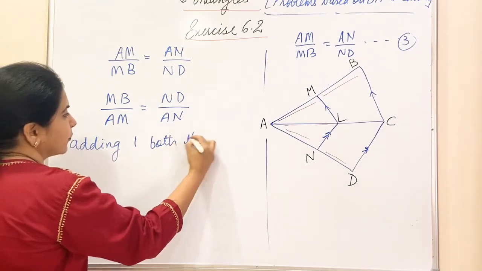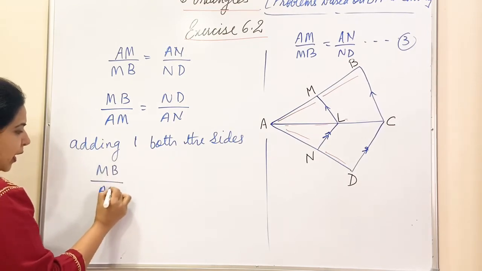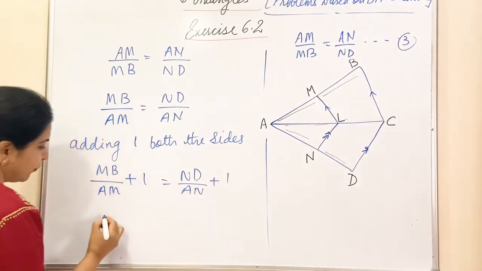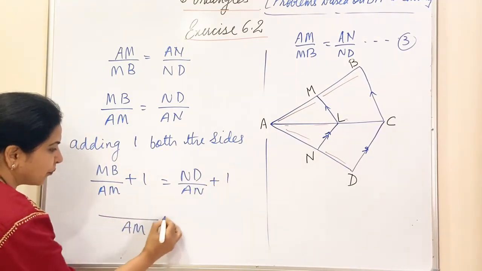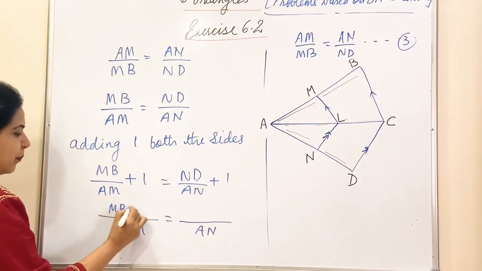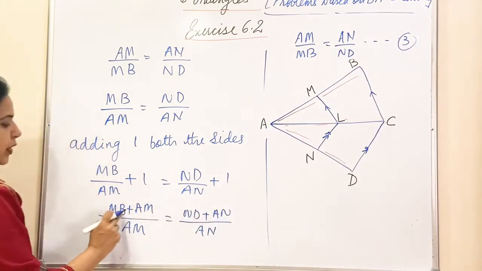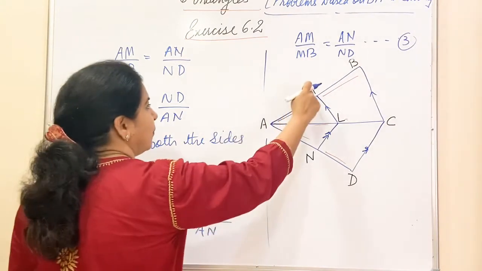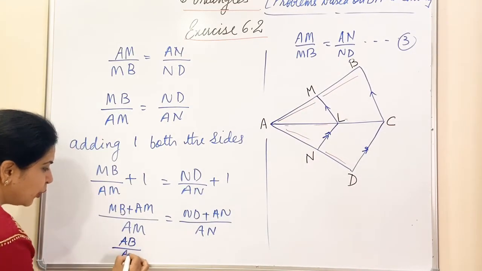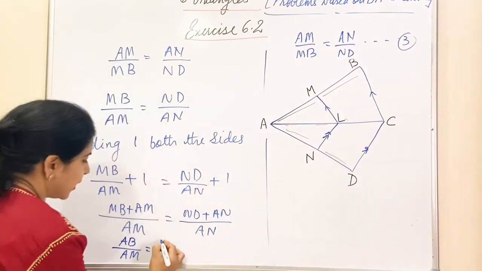MB upon AM plus 1 is equal to ND upon AN plus 1. So the LCM is AM and AN. MB plus AM over AM, ND plus AN over AN. Now what is MB plus AM? AM plus MB is AB. So we are adding 1 here to get AB and AD. ND plus AN is AD.